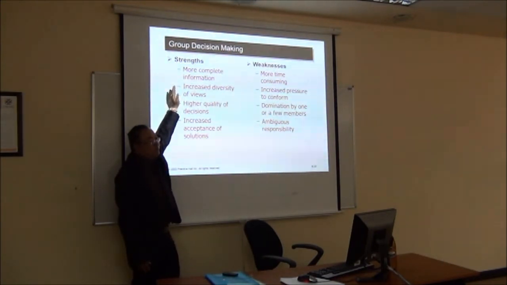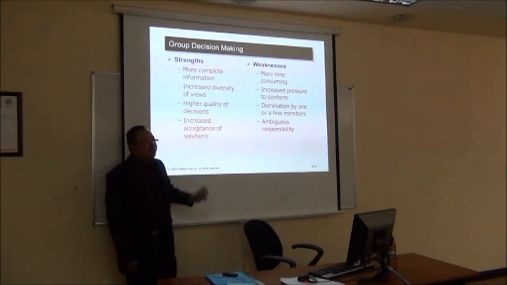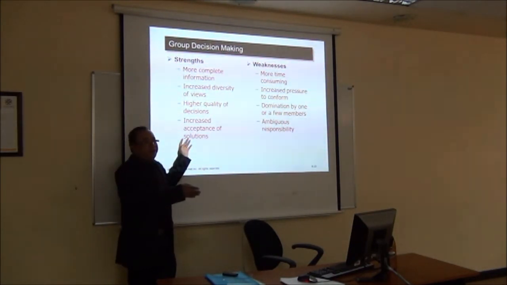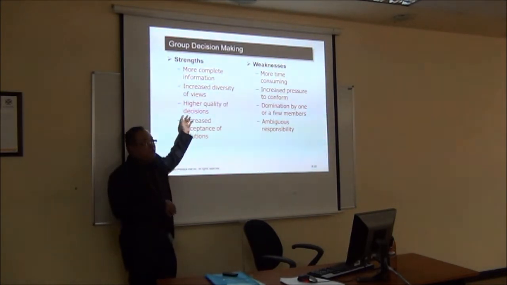Well, because you've got more complete information, increased diversity of views, and you have also increased acceptance of the solutions. Meaning that if the team members themselves decided on what to do, they are more motivated to carry it out, compared to if somebody told them what to do. So that's the strength of group decision making.